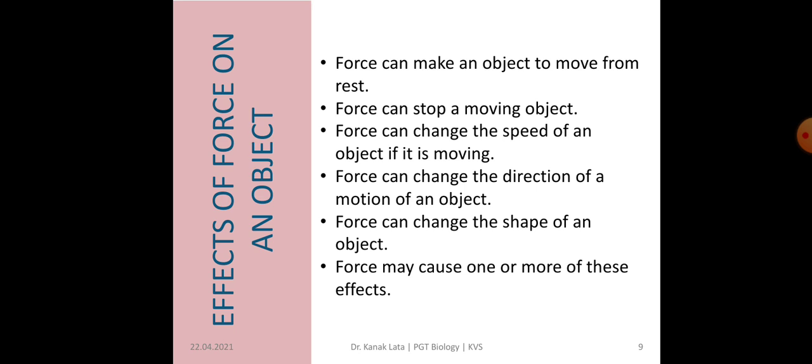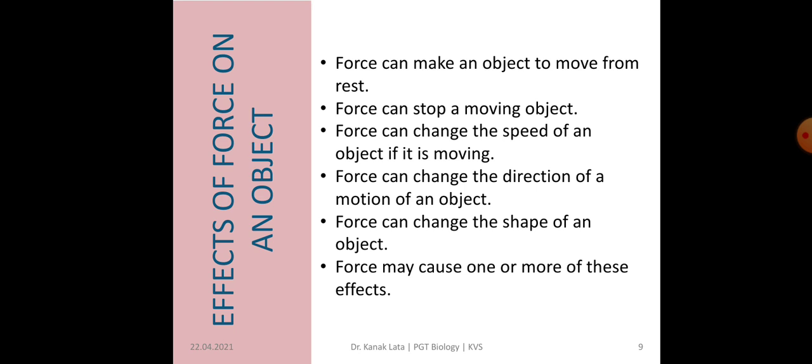Now let us see the different effects of force on any object. What will happen when we apply force to an object? There are many effects. First, whenever we apply force to an object, the object can move from rest, or we can stop a moving object by applying force.